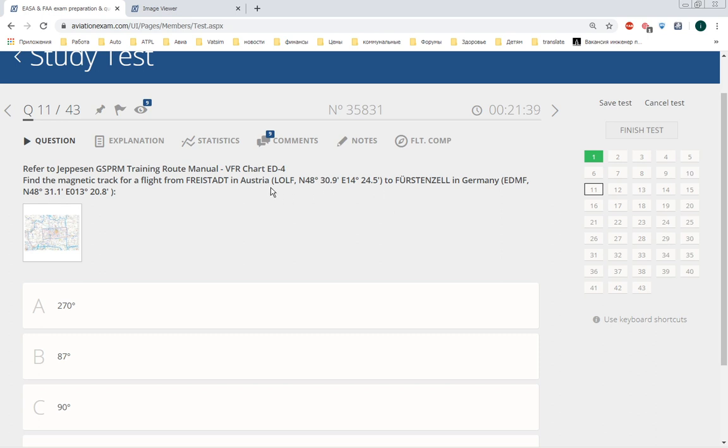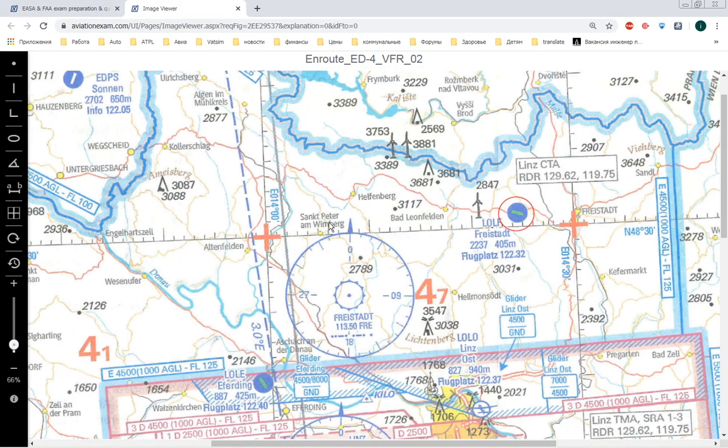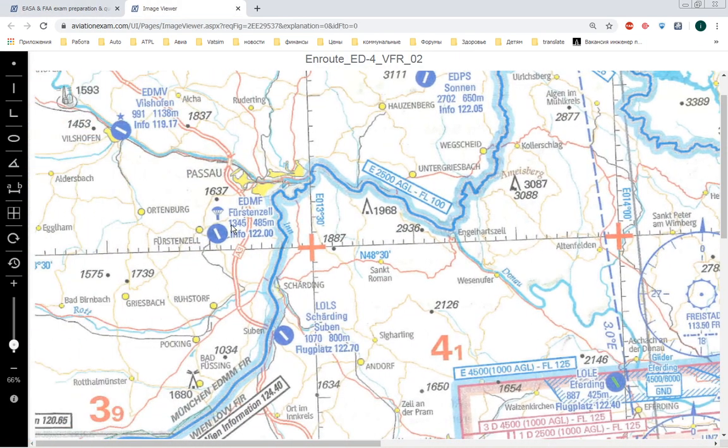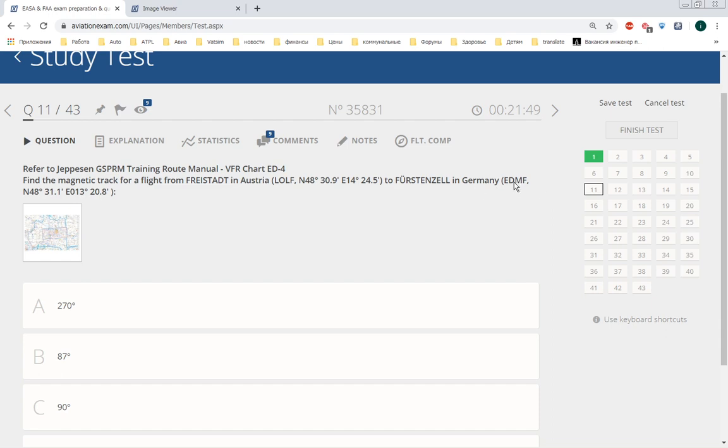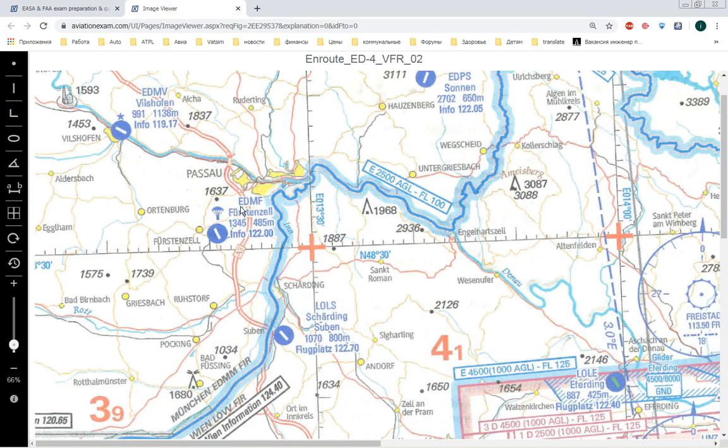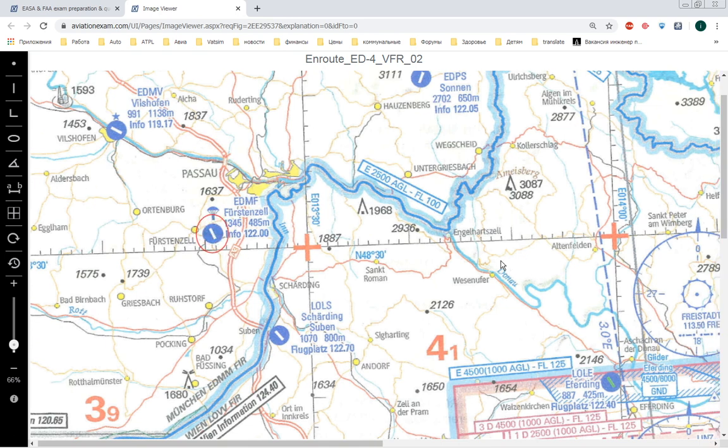So we are going to the west because longitude is decreasing. So going to the west, and here is our field Echo Delta Mike Foxtrot. Okay, putting here a circle.